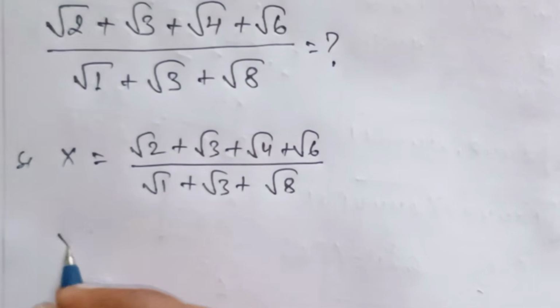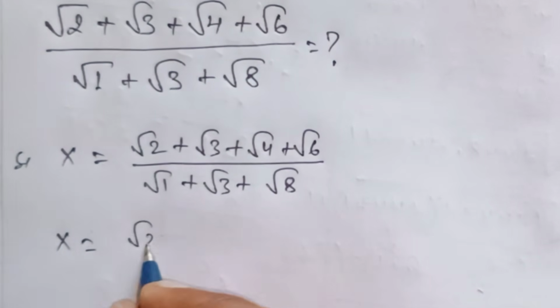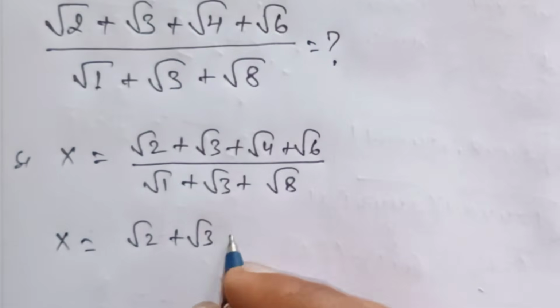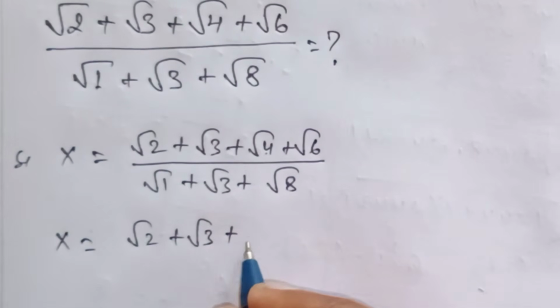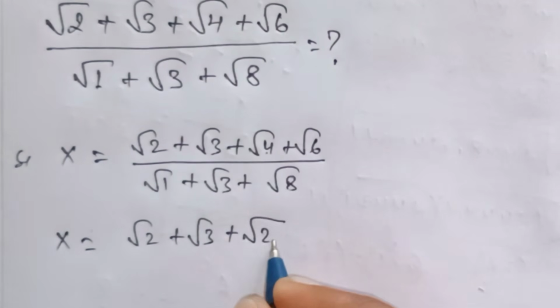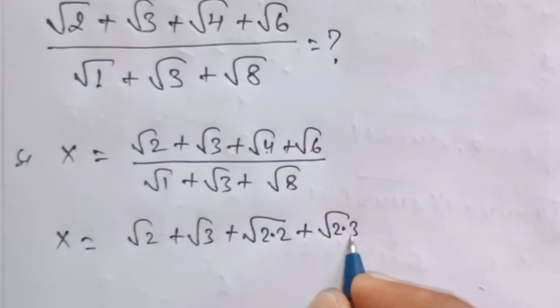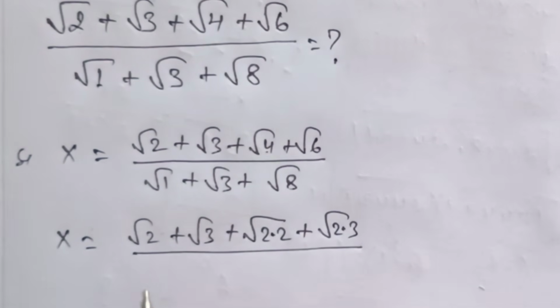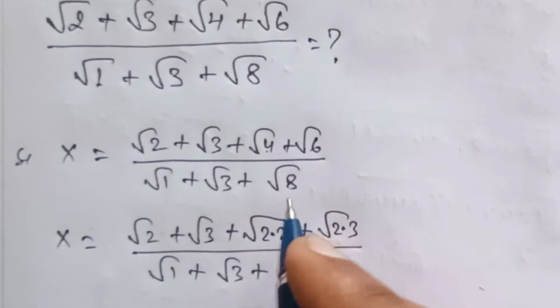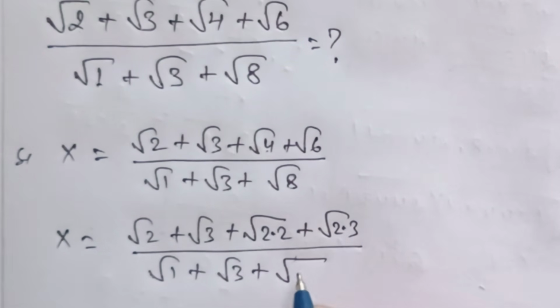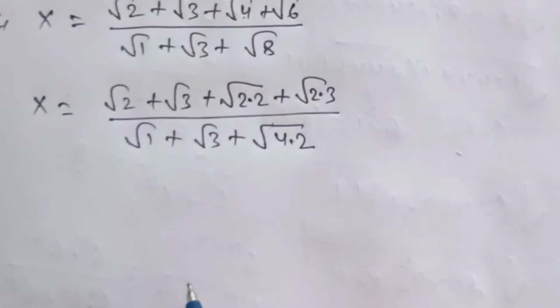See here, x is equal to root 2 plus root 3 plus root 4, which will be written as root under 2 into 2, plus root 6, which is 2 into 3, divided by root 1 plus root 3 plus root 8, which is root under 4 into 2.